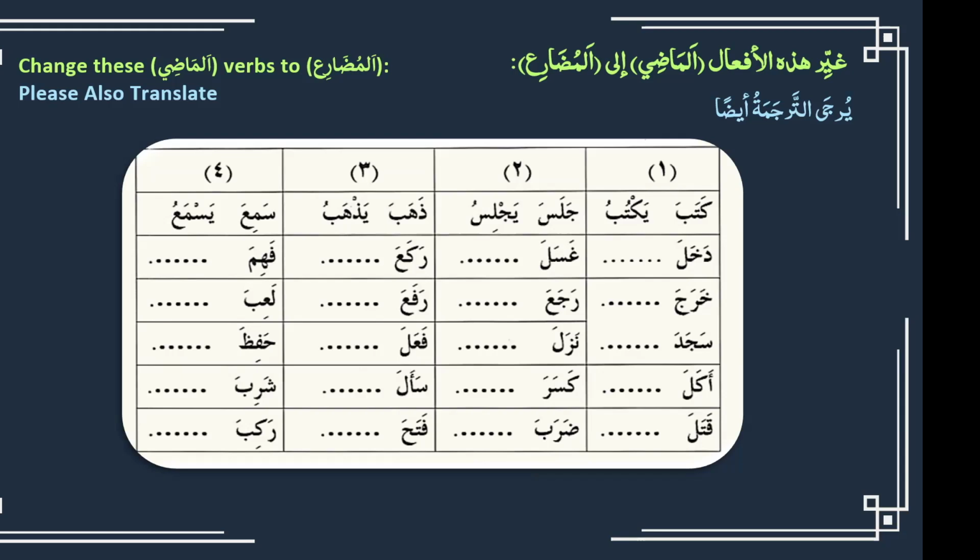He returned and he returns. Sajada. He bowed. Yeah, you can only mention the present or future in English. You don't have to do the past tense. Okay. So I should do the present future only. Yeah, just the translation.